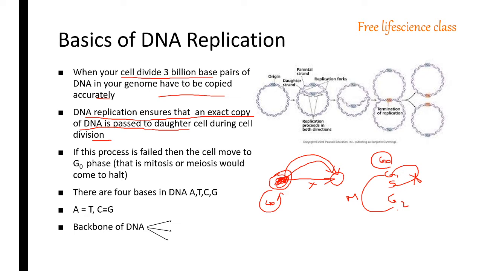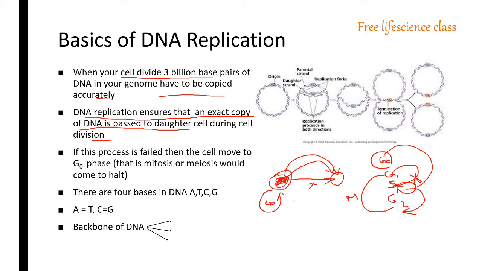At the same time, this is the synthesis phase, S phase. So here your DNA is replicating. In this process as well, if your DNA fails to replicate, it will move to G0 phase. Only then is S phase transferred to G2 phase.